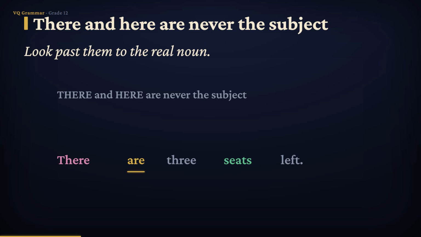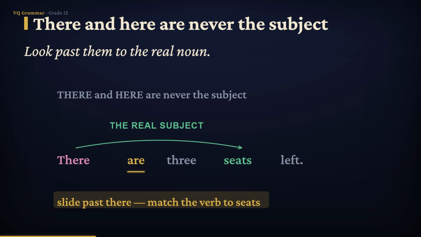It feels like there is the subject, but it isn't. Look right past it. The real subject is seats, and seats is plural, so the verb has to be the plural are. If you ever catch yourself matching the verb to there or here, stop. Those words simply can't be subjects, so slide past them and find the noun that can.